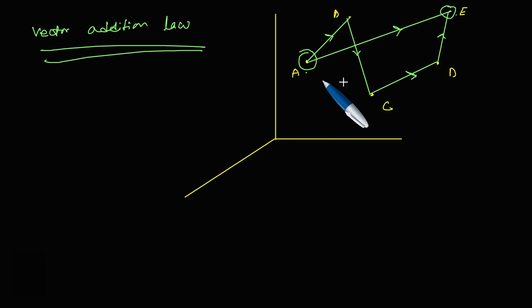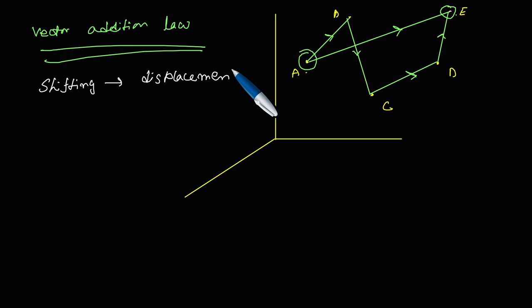This shifting, what I told before, is called displacement. Important thing that this is a displacement. What is displacement then? If we want to tell it in a different language, displacement is a straight line joining the initial to the final position.